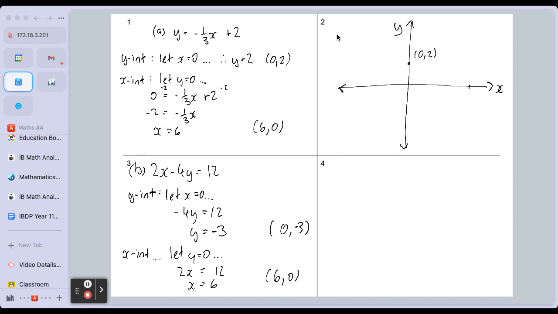So don't stress too much about getting it exactly right, but try and get it proportionally right. So I've kind of gone hopefully 3 times as long over here than I've gone up. And then I'm going to draw the line in. Now, I don't have my ruler with me, so I'm going to draw it in, and I'm probably going to miss everything.